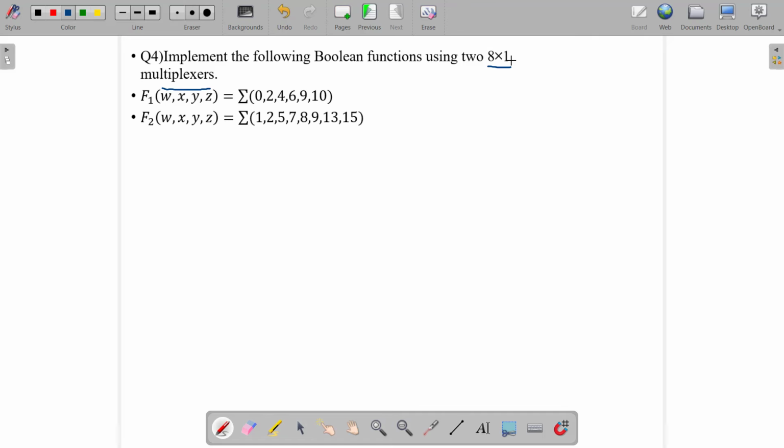So I will write the truth table of the 4 variables, then continue the solution.